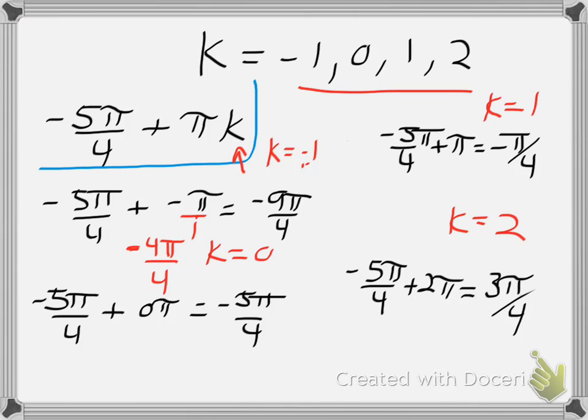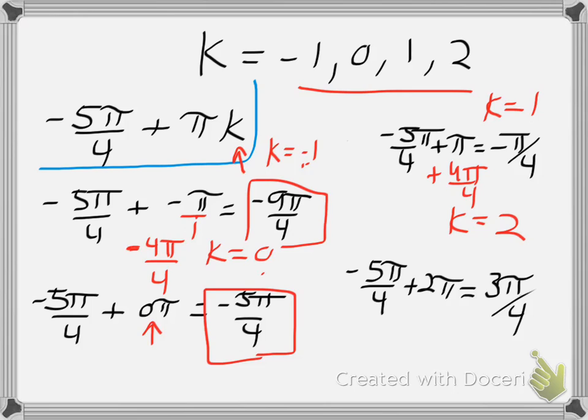So my first case, negative 5 pi over 4 minus 4 pi over 4 is where I get negative 9 pi over 4. When k is 0, of course I have 0 pi, and negative 5 pi over 4 plus 0 pi stays negative 5 pi over 4. When k is 1, now I have a positive pi, so I'll be adding 4 pi over 4.